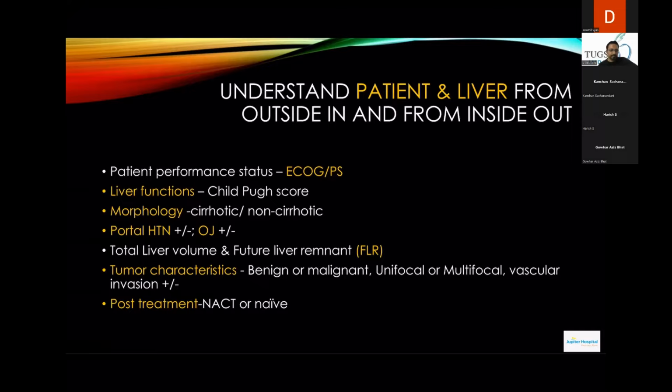So you need to see whether the patient's performance status is good enough, whether the patient has a good Child-Pugh score, adequate liver functions, what is the morphology, whether the liver is cirrhotic or non-cirrhotic, associated or not associated with portal hypertension, whether there is any obstructive jaundice which needs to be drained preoperatively, what is the total liver volume, future liver remnant, and if you are resecting for a tumor, whether it is a benign or malignant tumor, bilobar or unifocal, and whether or not the associated vessels, the vascular pedicles, are involved.